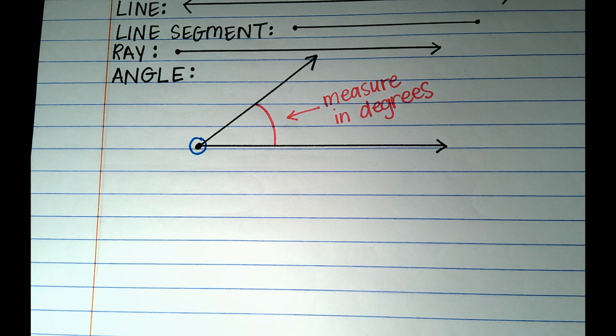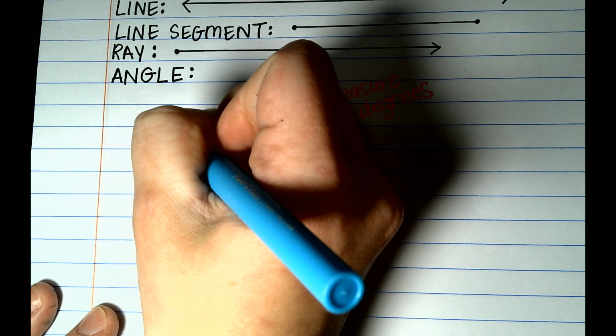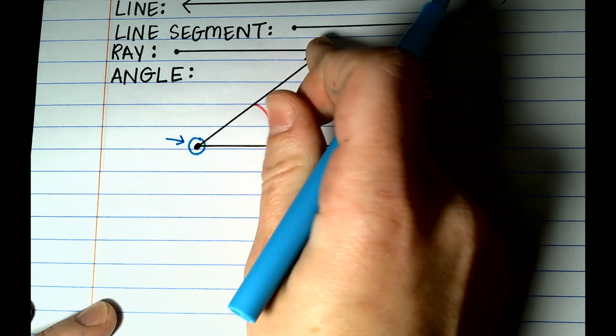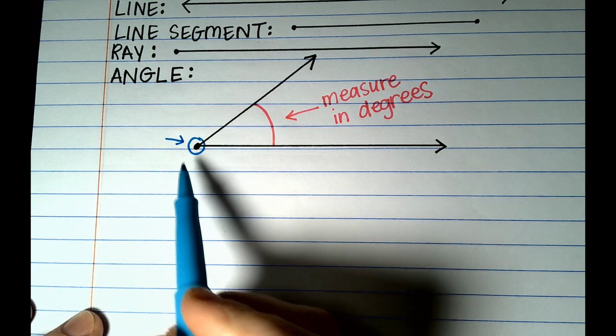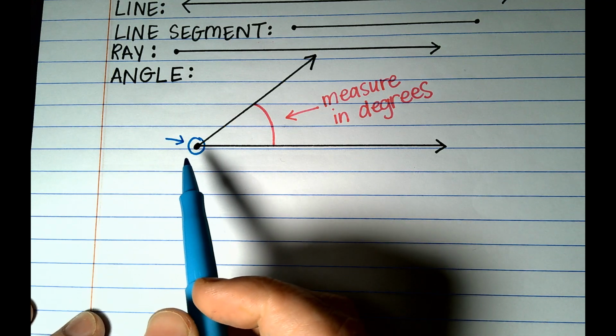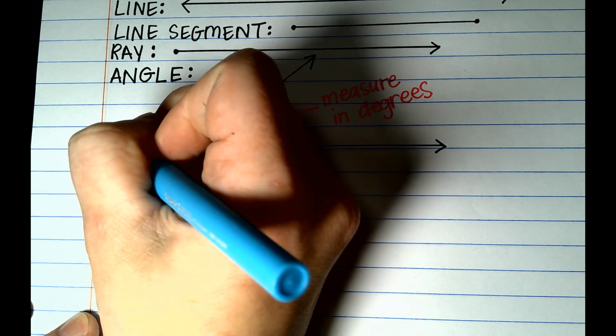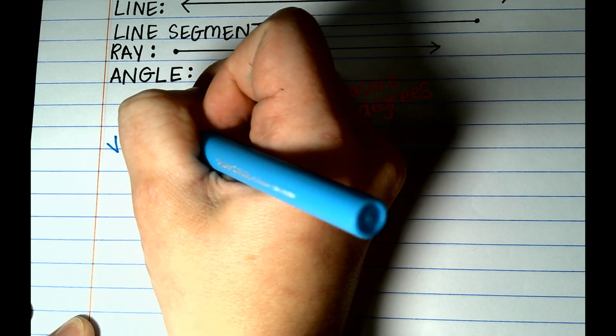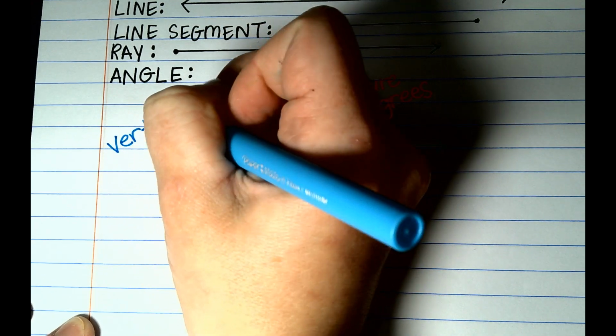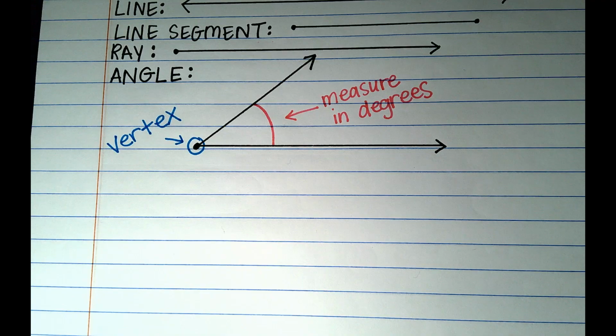Vertex. A vertex. This point, when two rays are sharing a point to create an angle, this point becomes what's called a vertex. And I like to remember that because an angle usually looks like a V. V for vertex. It's just the name. Plural is vertices.